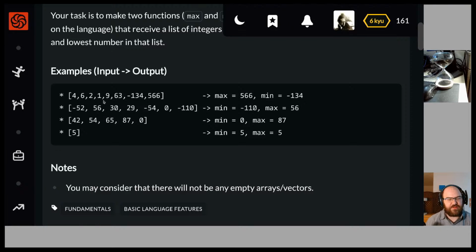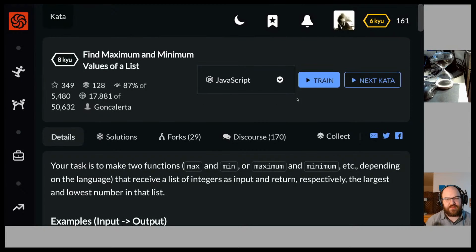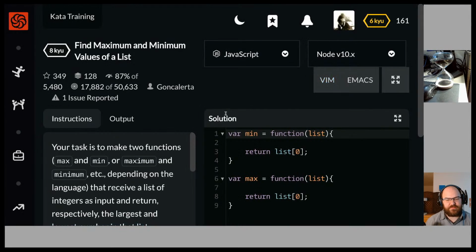For examples, I'll just read the first one: 4, 6, 2, 1, 9, 63, -134, 566. Let's train. Oh, I like how they gave us some stubs here.